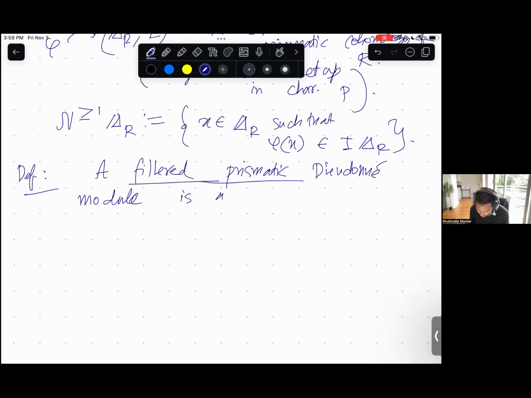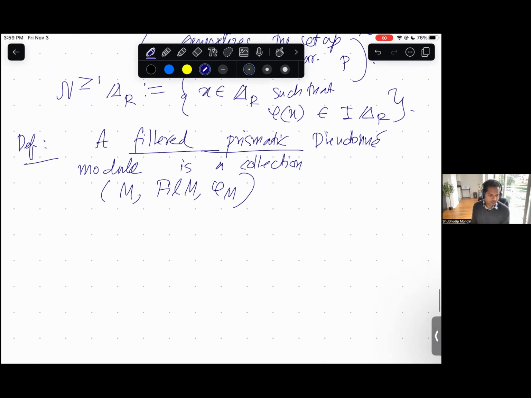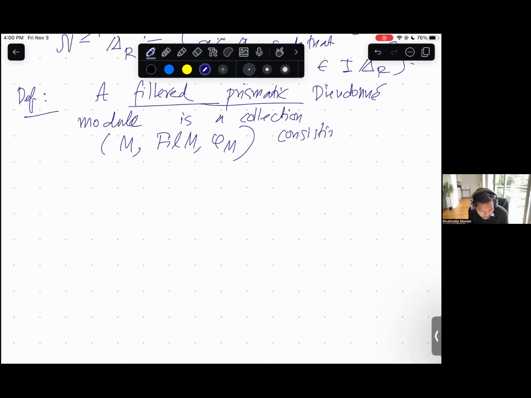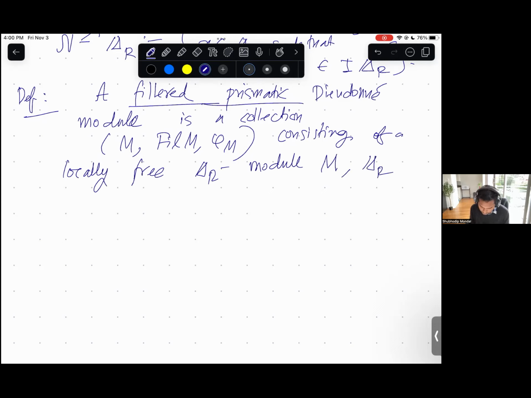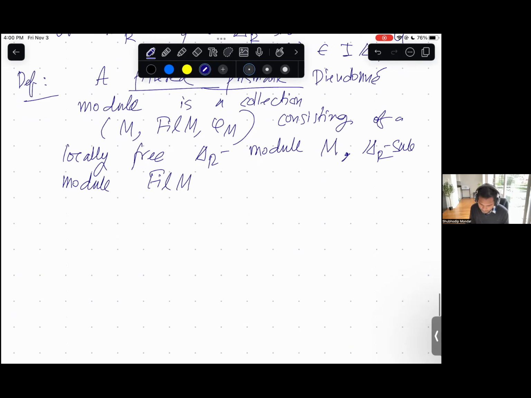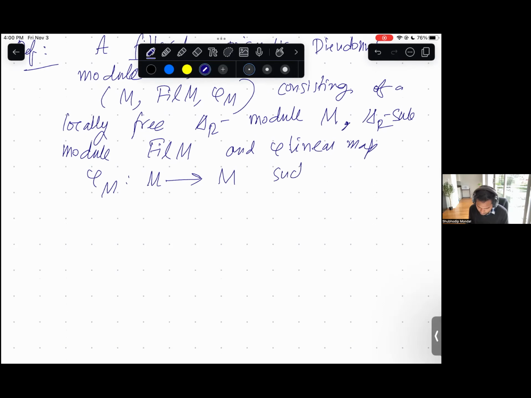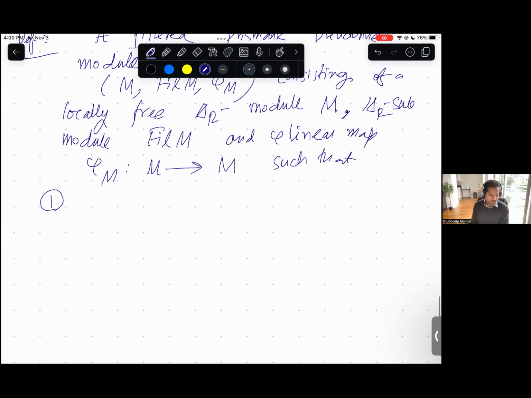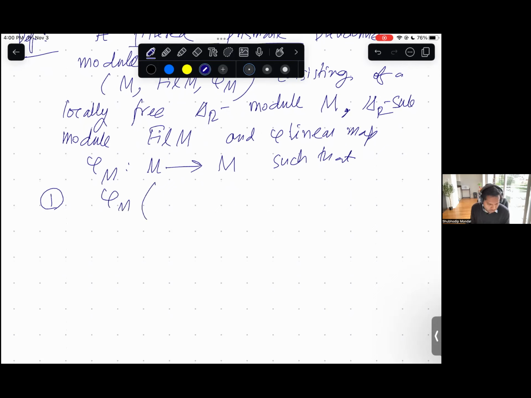It's a collection of the following data: a locally free prism R module M, a submodule Fil M, and a Frobenius linear map on M such that there are two conditions that this data is supposed to satisfy.